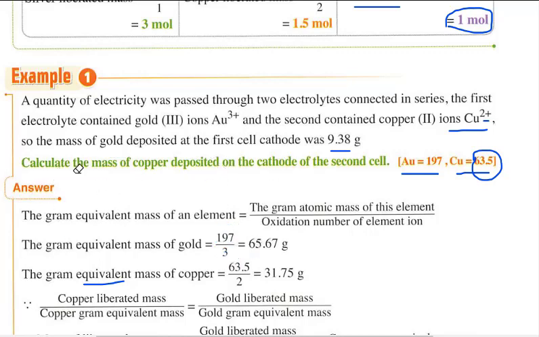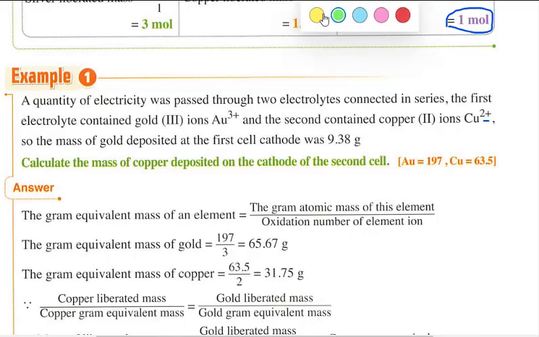So example 1 here refers to a quantity of electricity. A quantity of electricity was passed through two electrolytes connected in series.